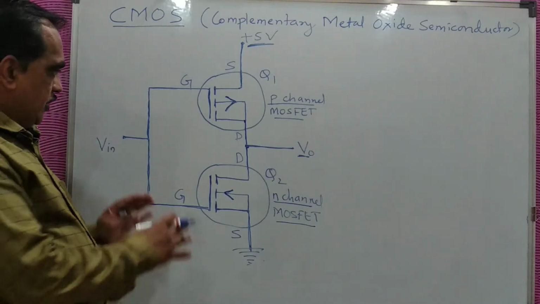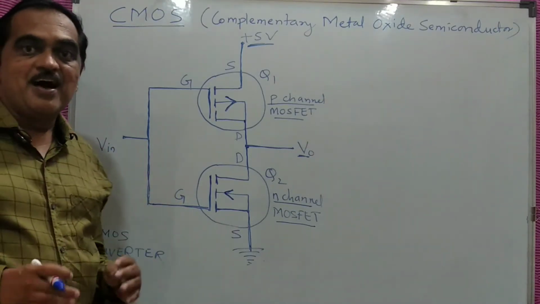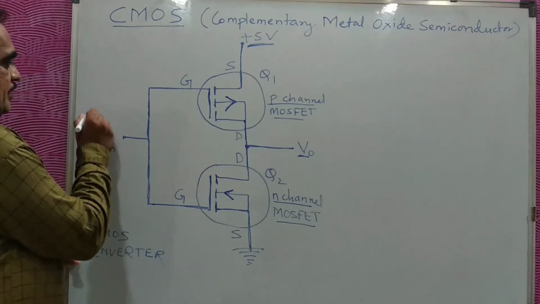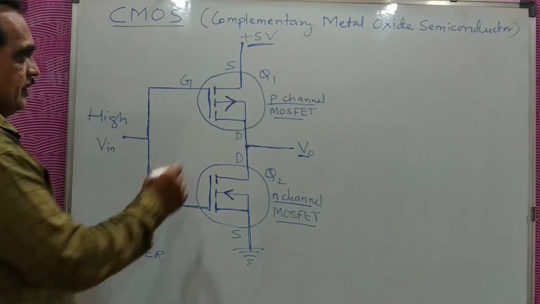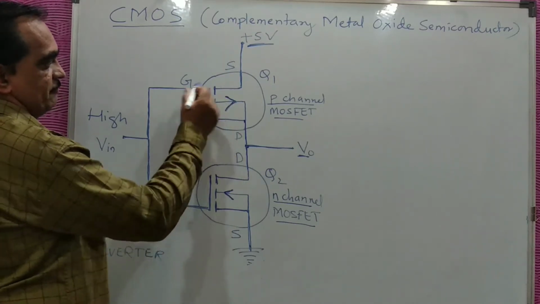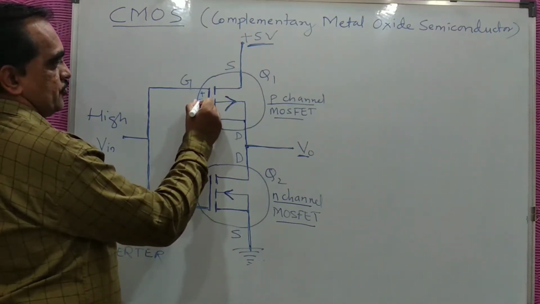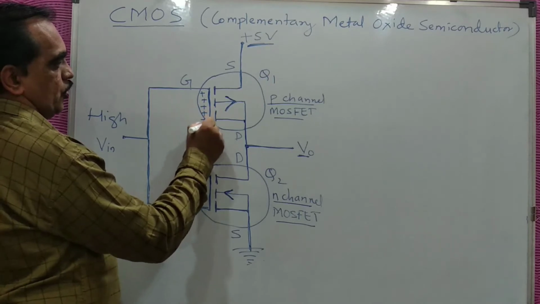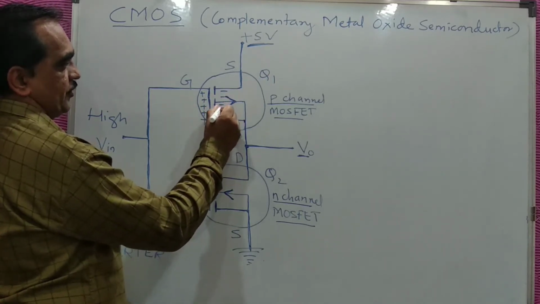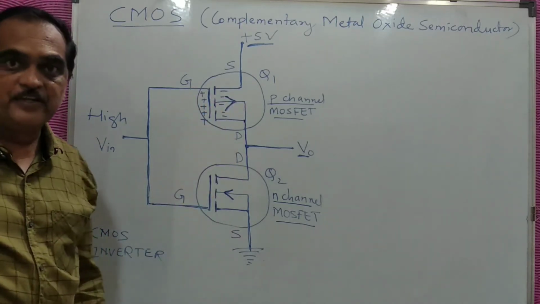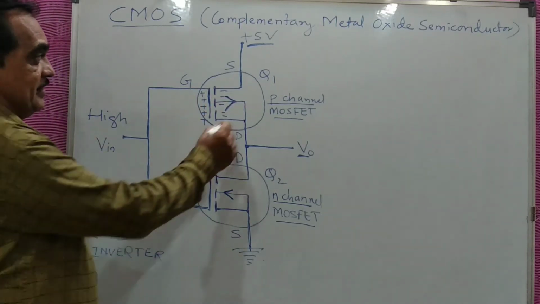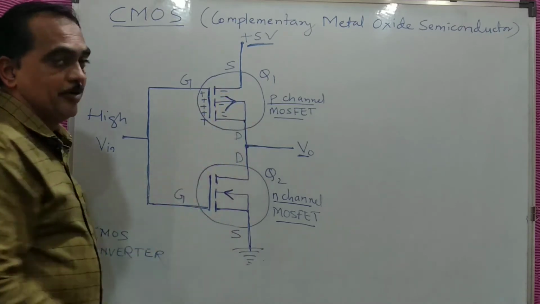Now, if the input is high voltage, that means positive, then because of the capacitance effect, the other side of the semiconductor will automatically become negative, and that negativity will reduce the P channel and this FET will become off.